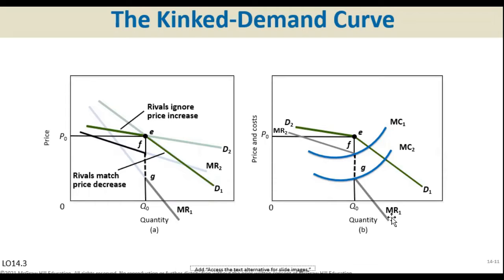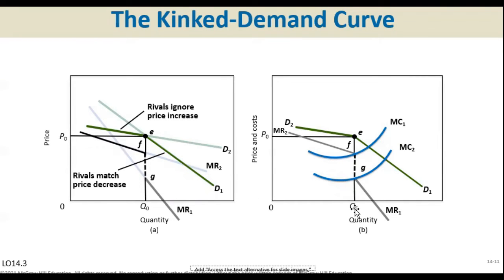Because of this, any shift in marginal cost between MC1 and MC2 cuts the dashed vertical break line.